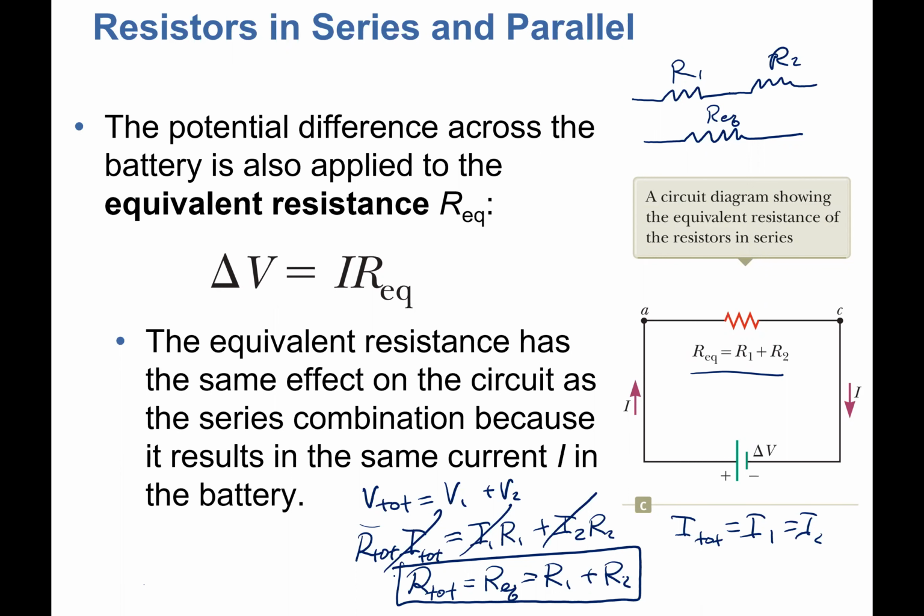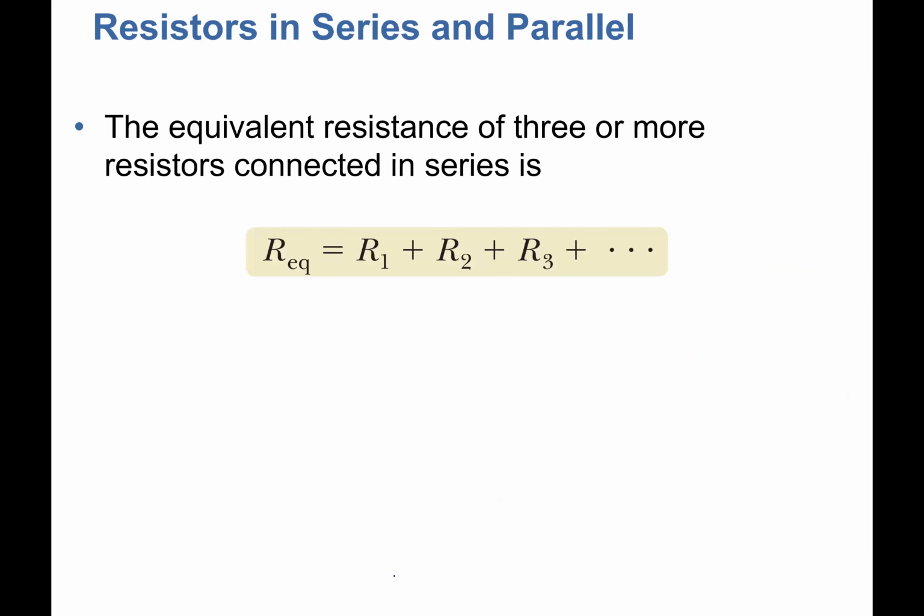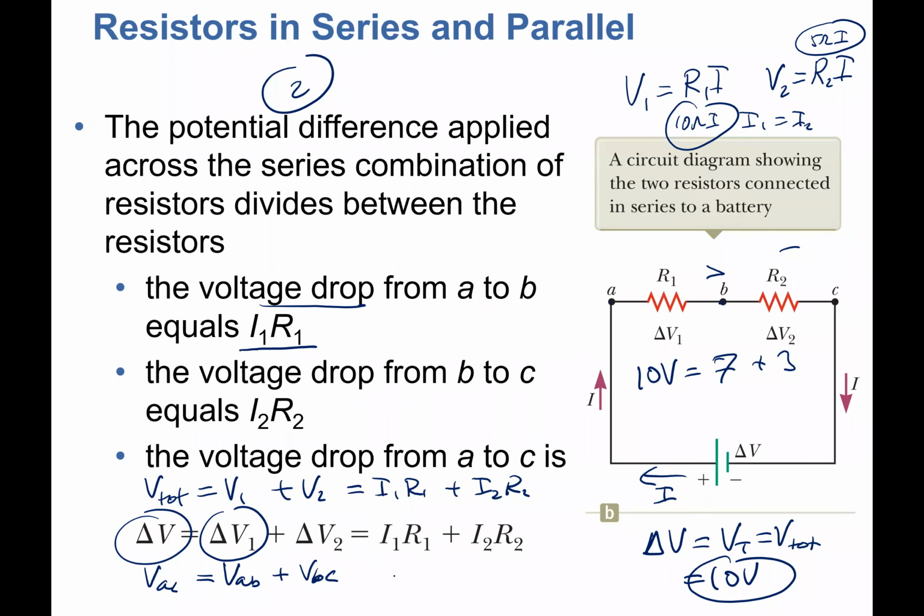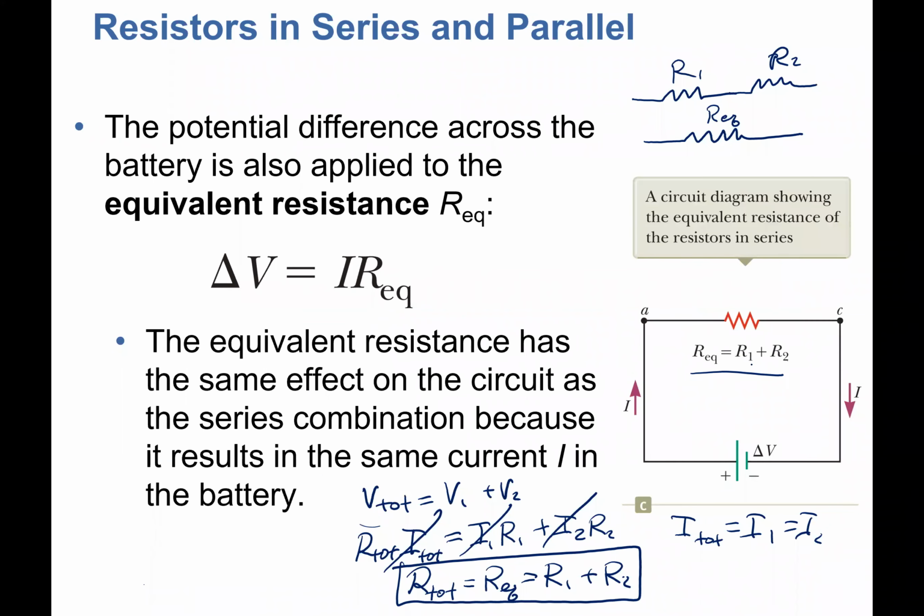That means we get the equivalent resistance of 3 or more resistors. You can have 2, 3, 4, 10, or 100 connected in series. All you do is add their values to get the total resistance. For example, if this was 10 and this was 5, then 10 plus 5 becomes 15 ohms.